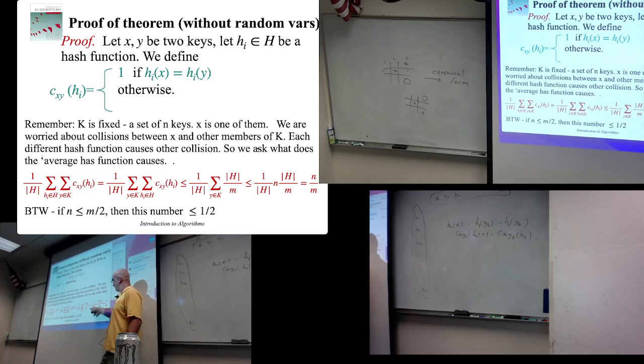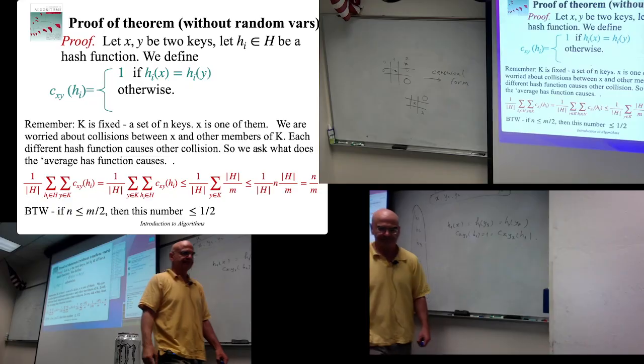For every y in K which is not x, so it's 1 over H that I'm dragging over here because I average by the number of hash functions, times this sum is nothing but n times this constant. H here cancels, n over m. Exactly what the theorem wanted.